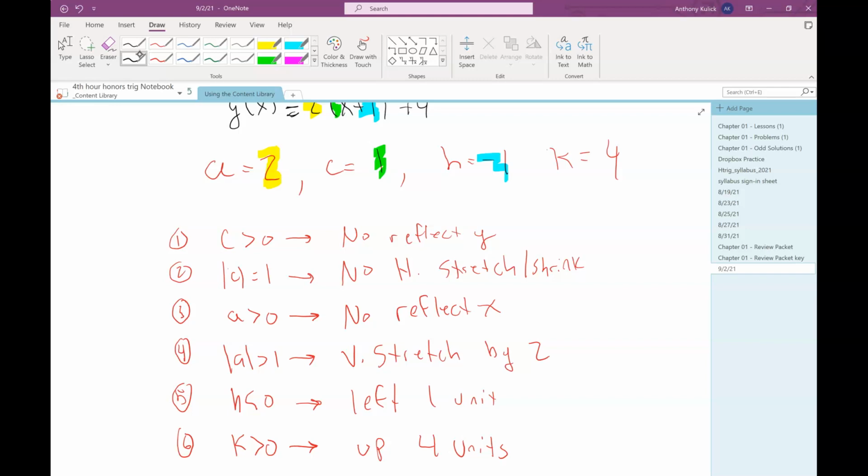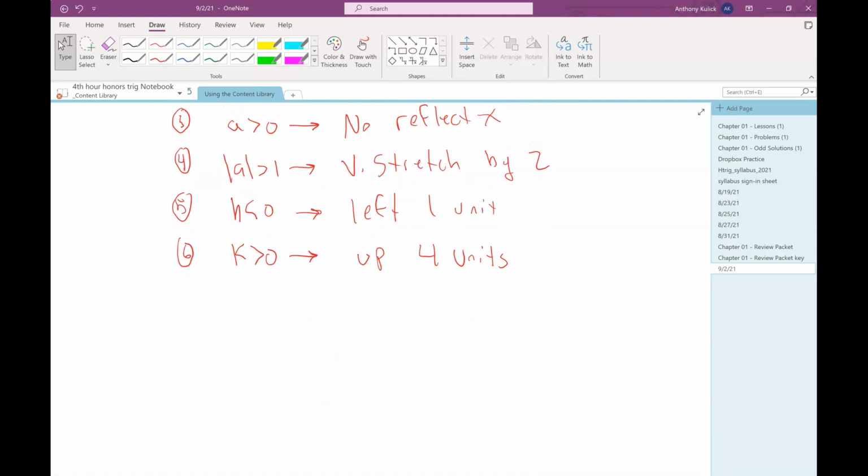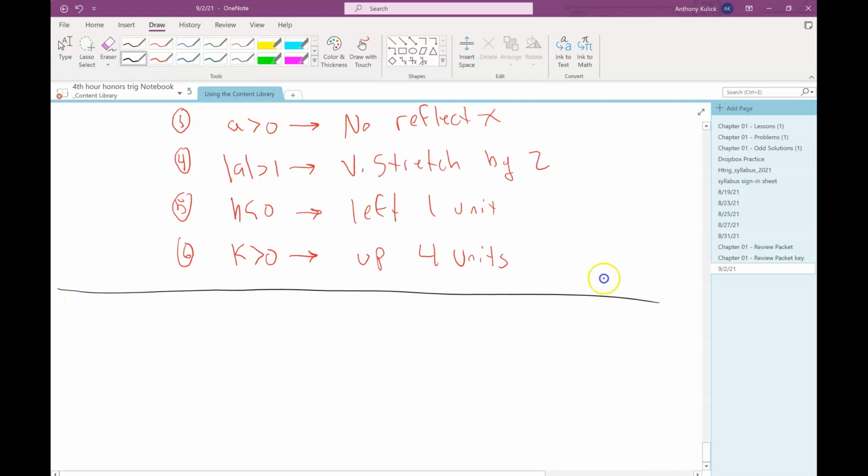Let's do a more challenging question. Let's say that we have f of x is equal to 2x squared minus 3. That's my parent function.